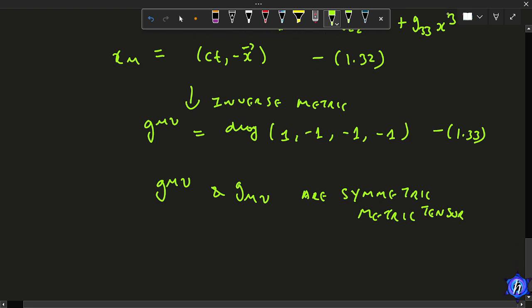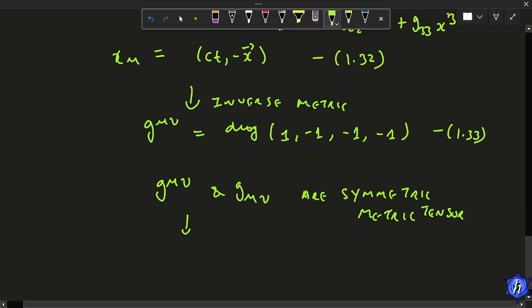It doesn't matter if you write g mu nu upstairs or downstairs, but it should be consistent with what you write next. That's what matters. They both are symmetric under the exchange of indices, so they are symmetric metrics. We can go ahead and define the inverse metric. Yeah, we already defined it.